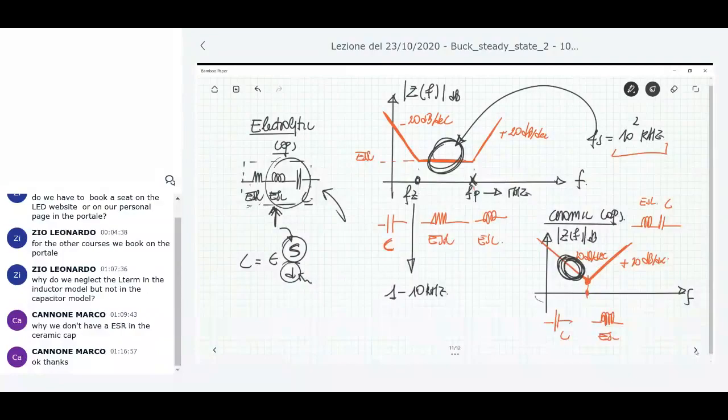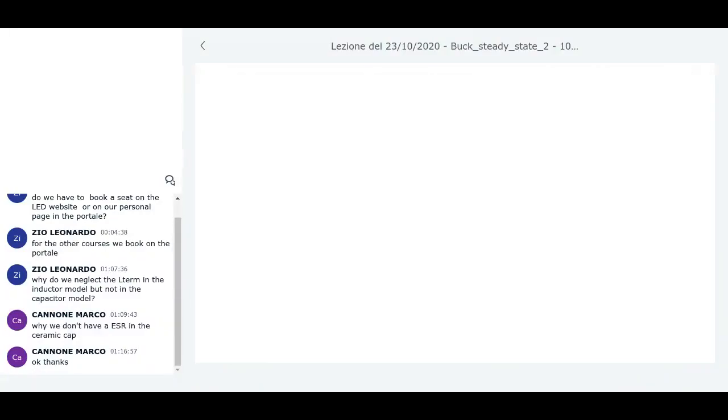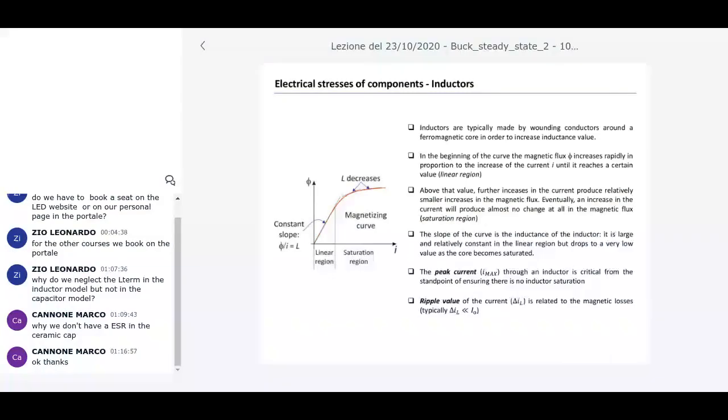This eventually goes to the megahertz range, depending on the values of ESL and C, because this fP is 1 over 2 pi square root of ESL times the nominal capacitance. What happens is that it resonates, so we cannot neglect it due to this resonance effect. This is the main difference. In the inductor, you don't have any resonance effect. I hope that I answered your question.